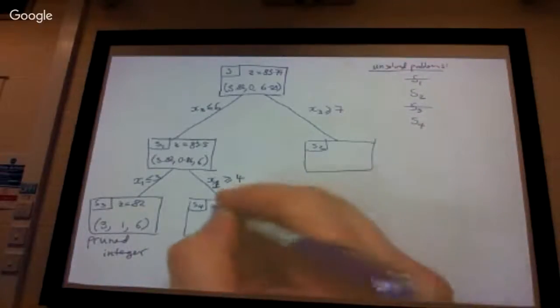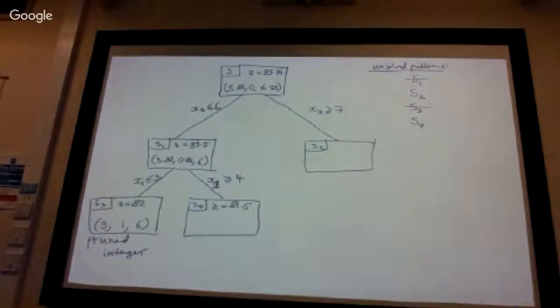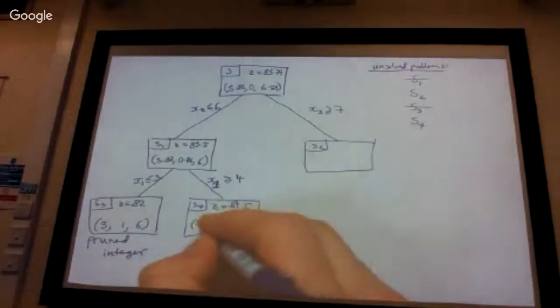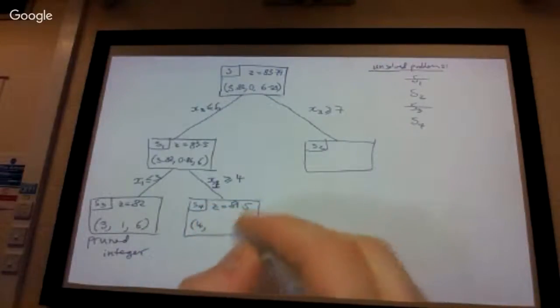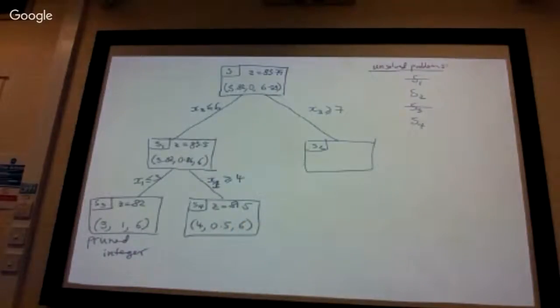So I get Z equal 81.5, and I'm not really interested in this, am I? 4, 0.5, and 6. Do I want to branch? No? Why not?